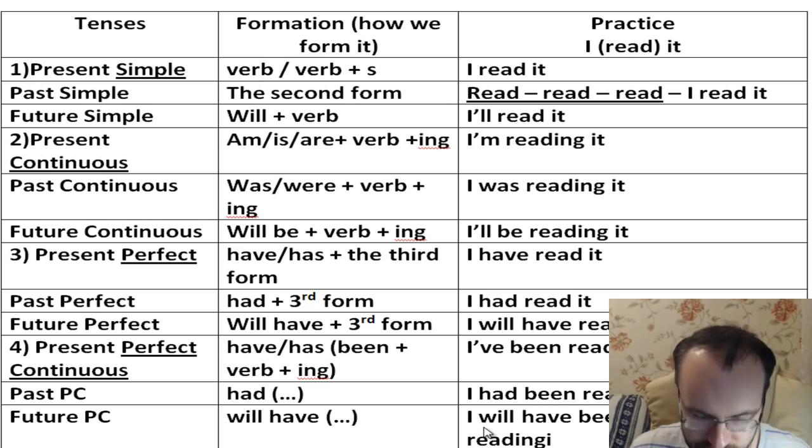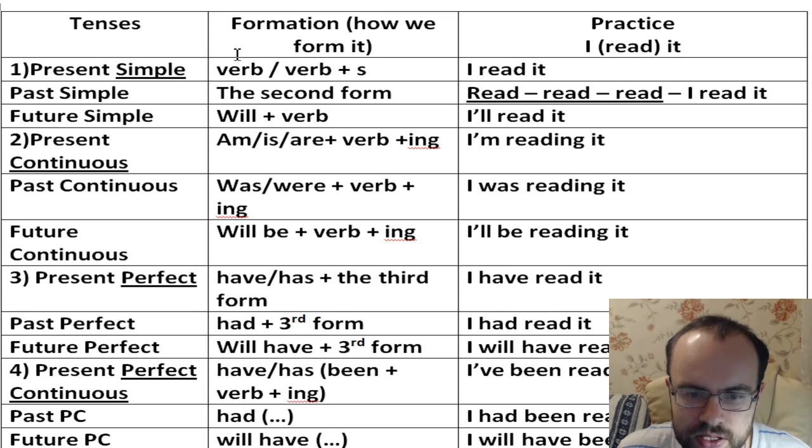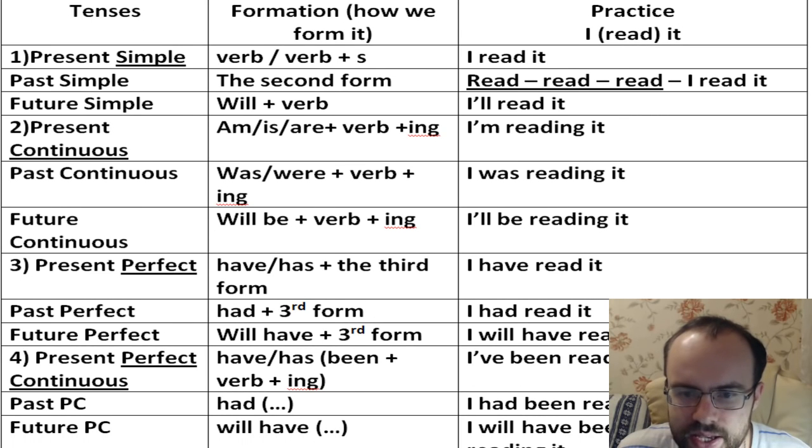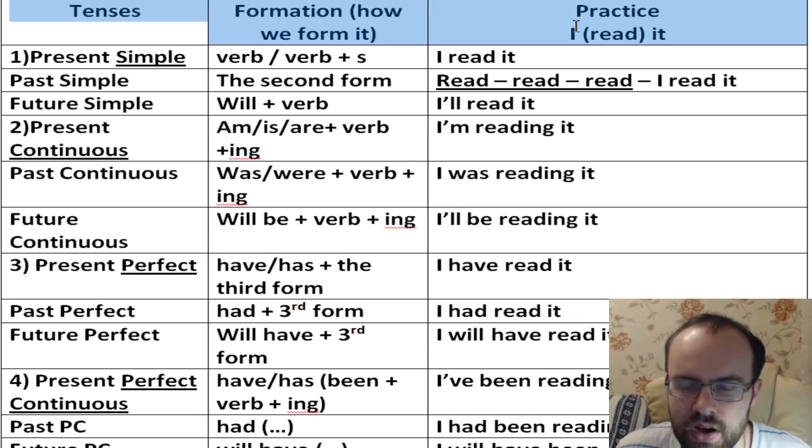Okay, so these things are really important. Let's revise it very quickly. I really think that we need this kind of general revision. So we have tenses, affirmation, and practice. I think that this thing is really important.